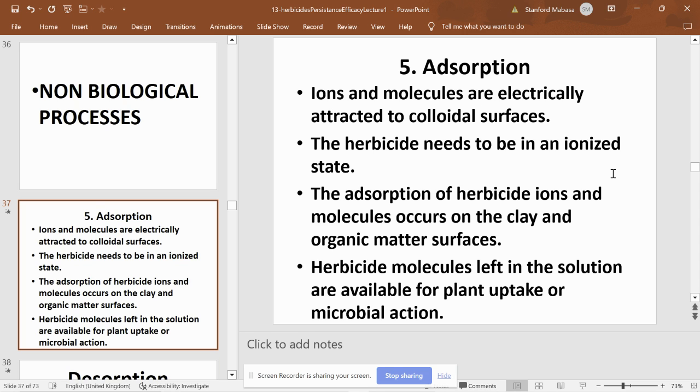When we say in an ionized state, we are saying it should display either positive charges or negative charges. The adsorption of the herbicide ions and molecules occurs on the clay and the organic matter surfaces.